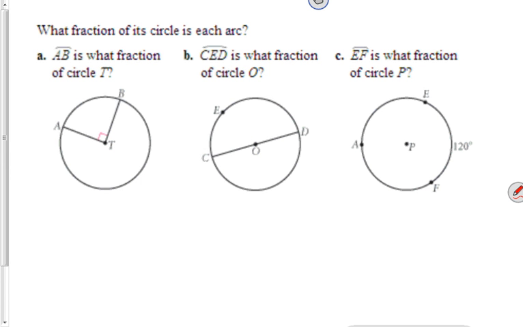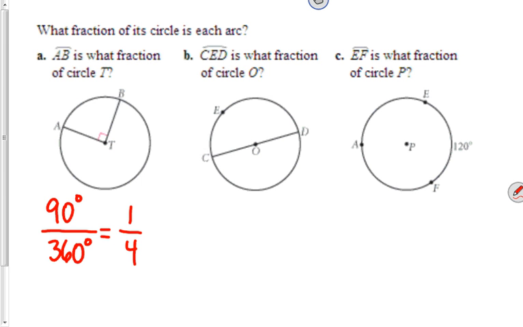And we can see that angle ATB, they're showing us, is 90 degrees. So that means that angle ATB, 90 degrees, out of a total of 360 degrees, well, that angle is 1/4, right, of the whole circle. So that means that arc AB is 1/4 of the whole circle.